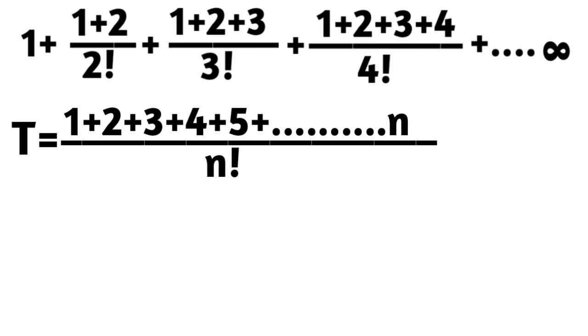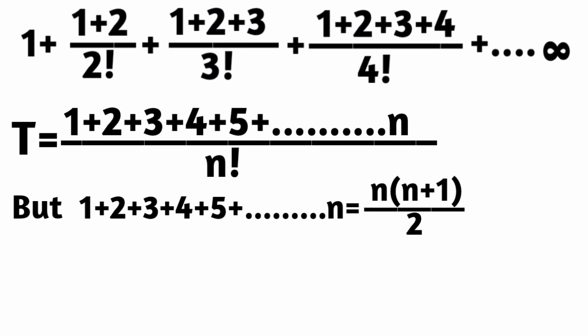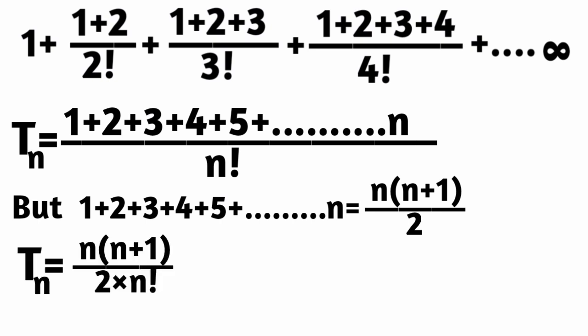And by using a basic formula for adding numbers, we can also find the sum of the numerator of the given general term. As we know, the sum of numbers with a common difference and a fixed number of terms can be written as n by 2 times (a plus l), where a is the first term and l is the last term of the given series.